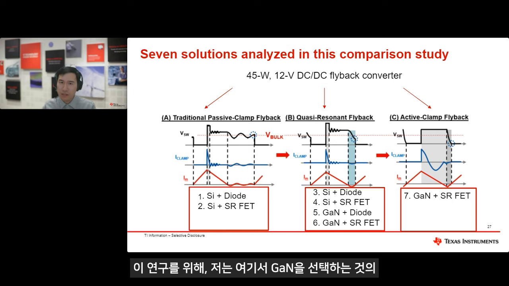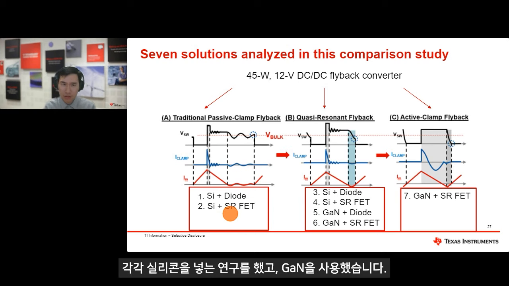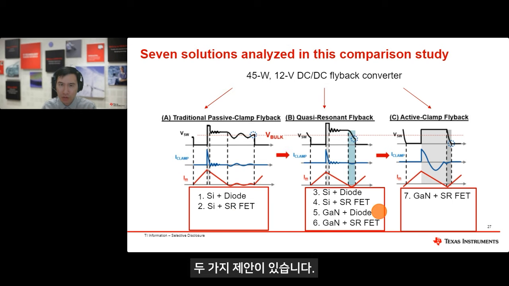And for this study, I want to show the benefits of choosing GaN here. So we have the study with putting silicon in each of the traditional flybacks, and then use GaN. We have 2 proposals.